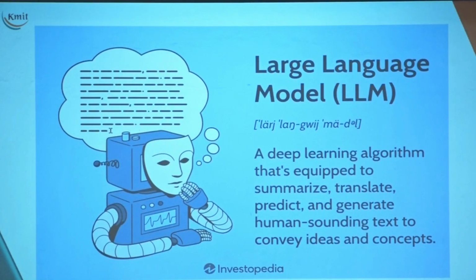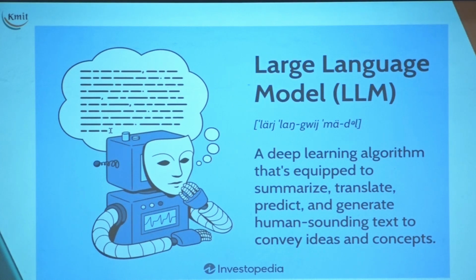So what do you understand by large language models? The proper definition is like this. Large language models are nothing but deep learning algorithms equipped to summarize, translate, predict and generate human-sounding text to convey ideas and concepts. Are you all clear with this?